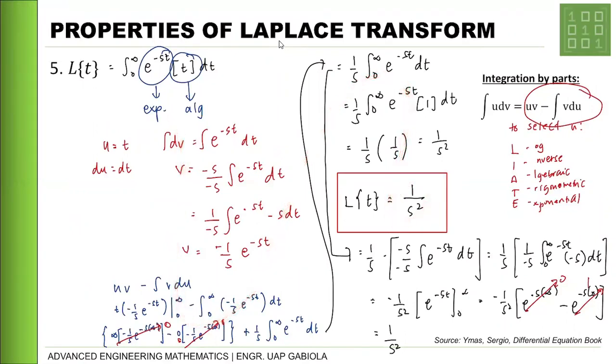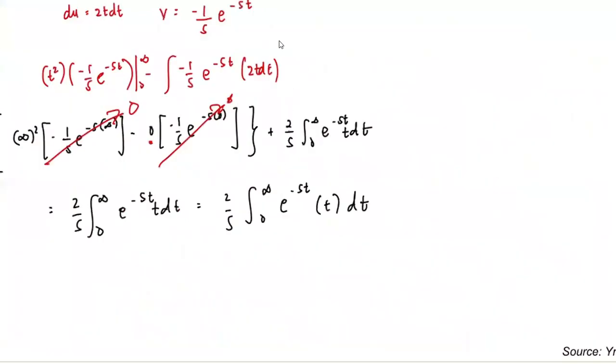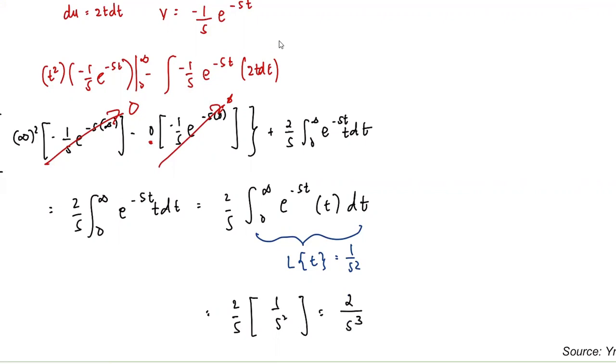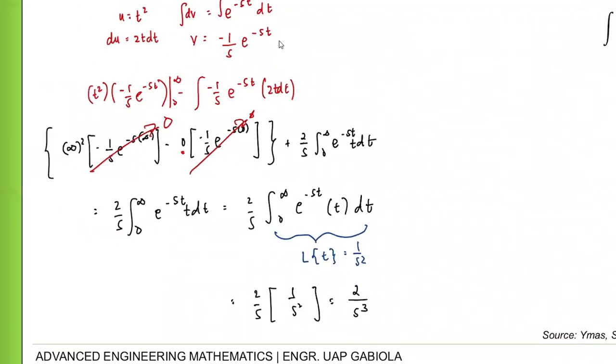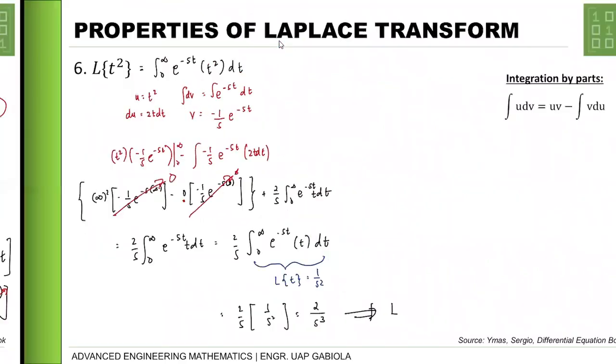Okay? Pero since alam na natin yon, this is equivalent na sa value ng L of t, which is equals to 1 over s squared. So we have here also 2s multiplied by 1 over s squared, or we will have 2 over s cubed. Okay? So this is our next property, which is L of t raised to 2 equals to 2 over s cubed. Okay? So, yeah.